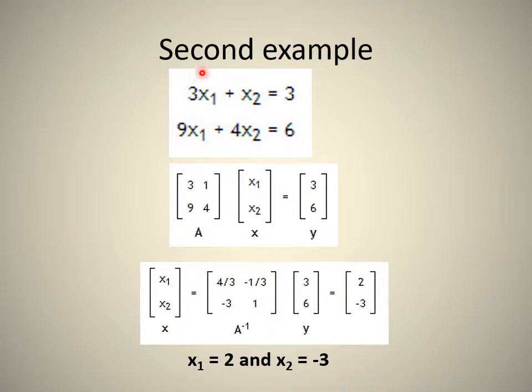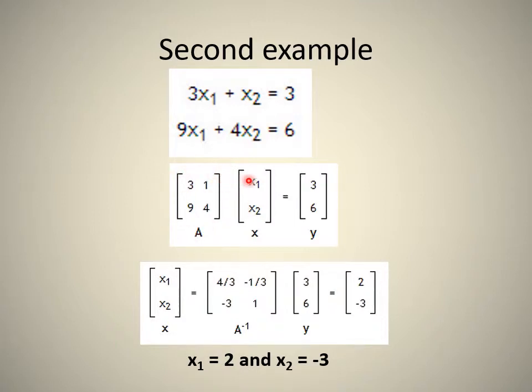And we would like to know what x1 and x2 are, the unknowns. So our coefficient matrix, with 2 equations and 2 unknowns, is a 2 by 2, and let's call it A again. The coefficients 3 and 1, and 9 and 4 form the elements of our square coefficient matrix.